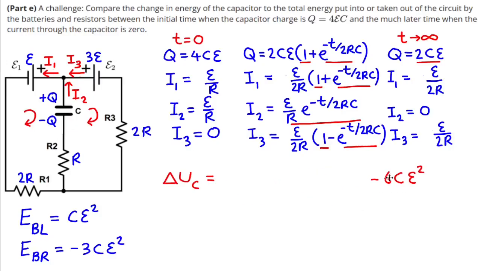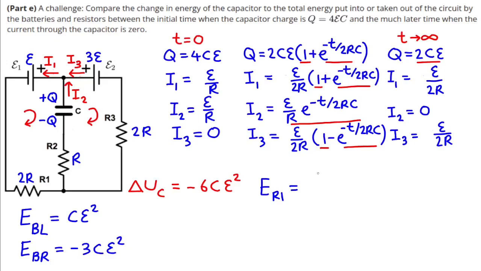So let's just put the energy of the capacitor out of the way. The energy of the first resistor, which is going to be taken out of the circuit, is equal to the integral of the power, which is the square of the current through the resistor. So that'll be epsilon squared on 2R squared, multiplied by e to the minus 2t on 2RC, and I squared multiplied by the resistance gives the power, and we integrate this from time 0 to time infinity to get the total energy out of the circuit from the resistor.